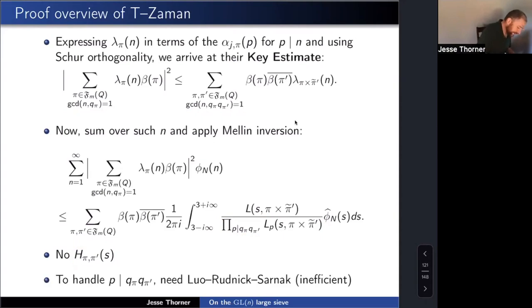But the downside is that in order to estimate the contribution from the ramified Euler factors, we need the Luo-Rudnick-Sarnak bound, and that is an inefficient bound to apply here. That's why in the Thorner-Zaman version of the large sieve inequality, we had this contribution from the Ramanujan bound, because that's how we handle the contribution from the primes here.